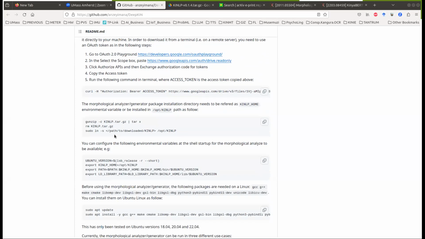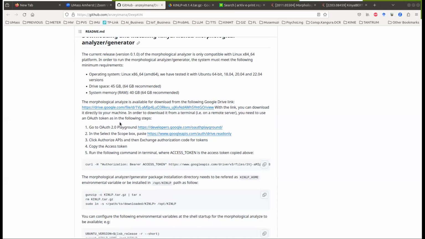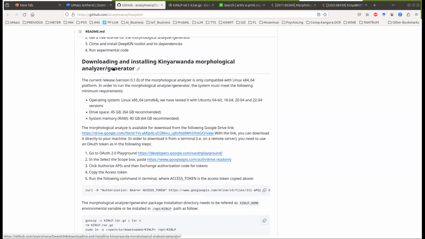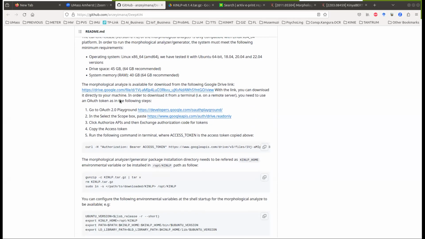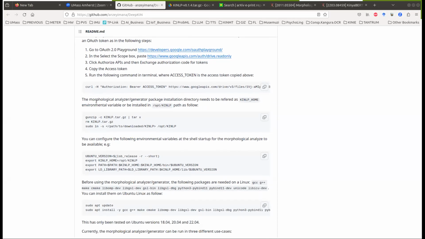So these are the commands that you need to run to have the morphological analyzer running. One thing I can do is run it from my machine just to show you how it looks from the terminal. Let me launch it. Okay, I don't think we have much time for that.